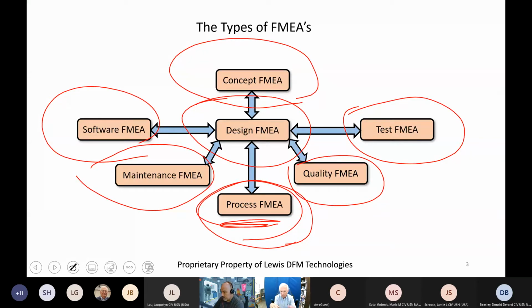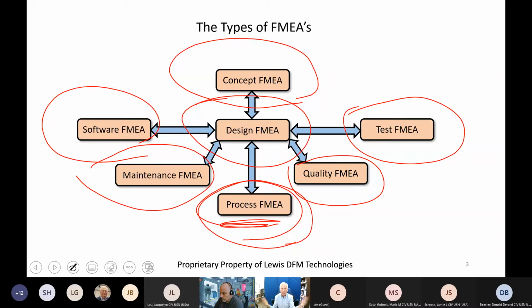And so once we understand how process FMEAs work, we probably know 80–90% and understand how the other types of FMEAs operate as well. And it's no coincidence that the arrows that are identified on this graphic are two-directional, which means we are taking things out of a design FMEA that affect process and some of the process things that we do that could affect the design.